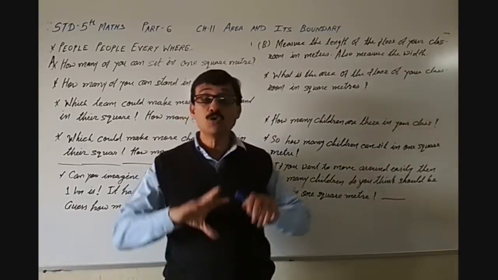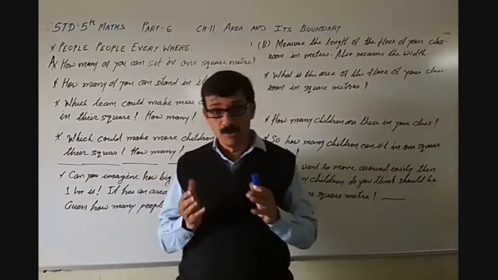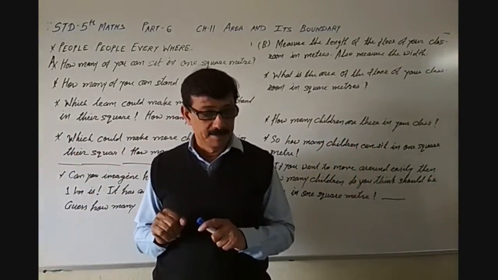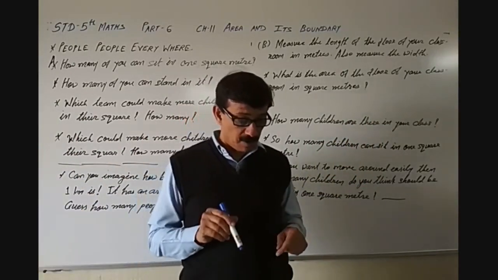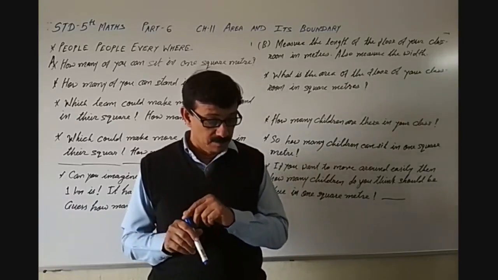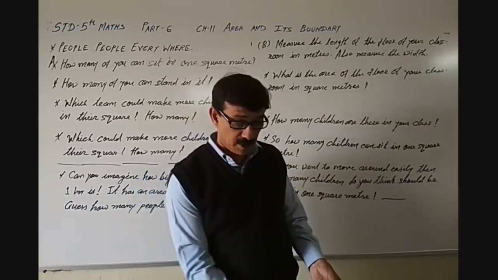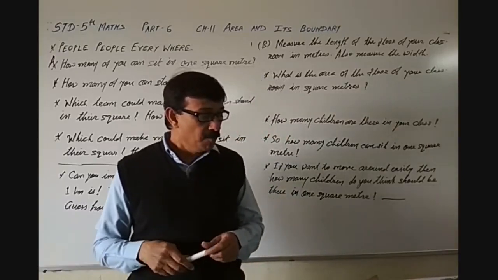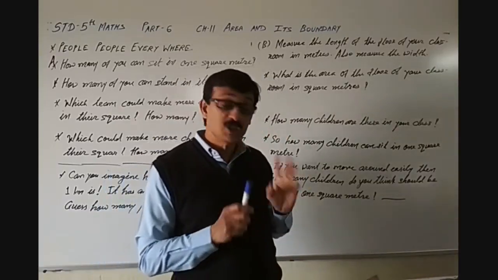Divide your class into 2 teams. Ready to play. First of all, try this in your turns, in your teams. First of all, how many of you can sit in 1 square meter?